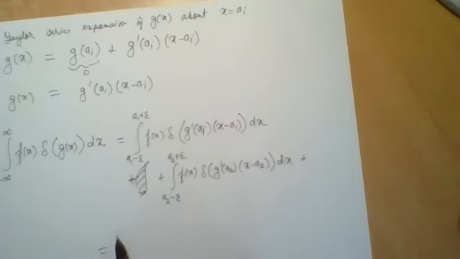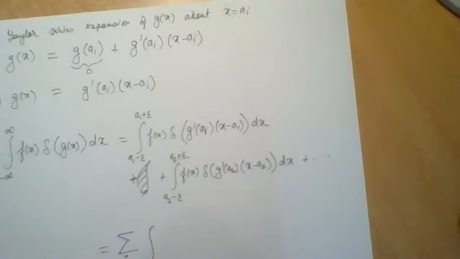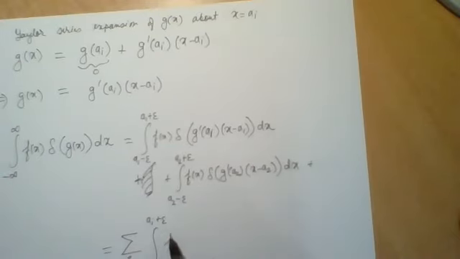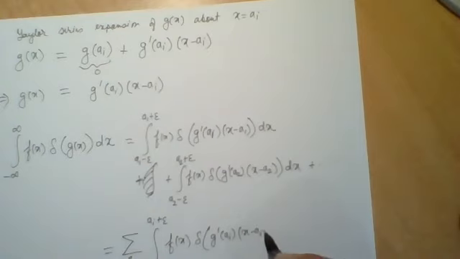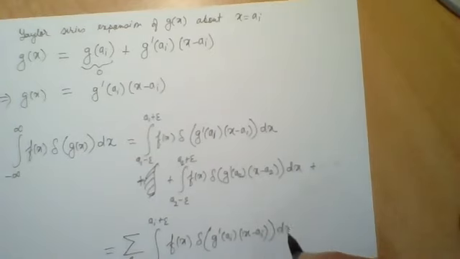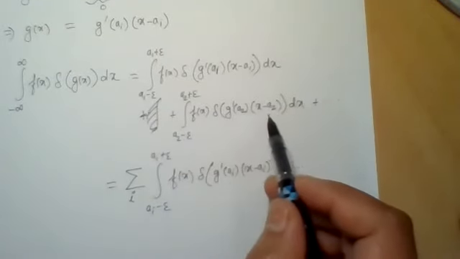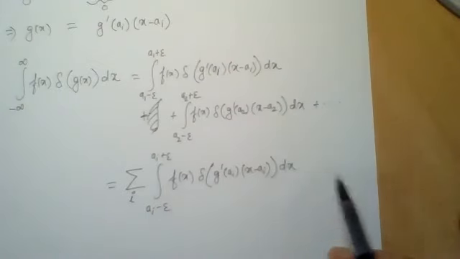This can be written in the summation form like this: summation over all values of i, integration a_i minus epsilon to a_i plus epsilon, f(x) delta g prime(a_i)(x minus a_i) dx. So this sum over all simple zeros can be written in this shortened form.